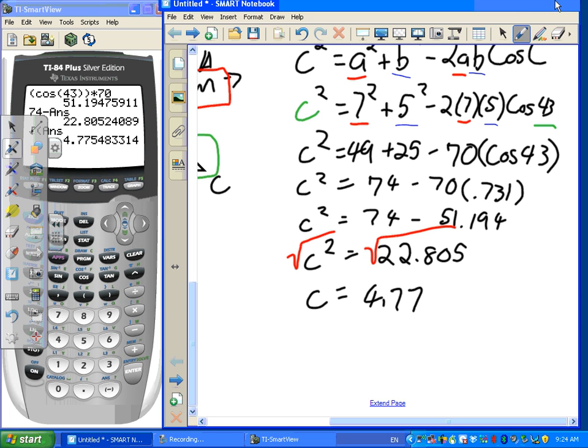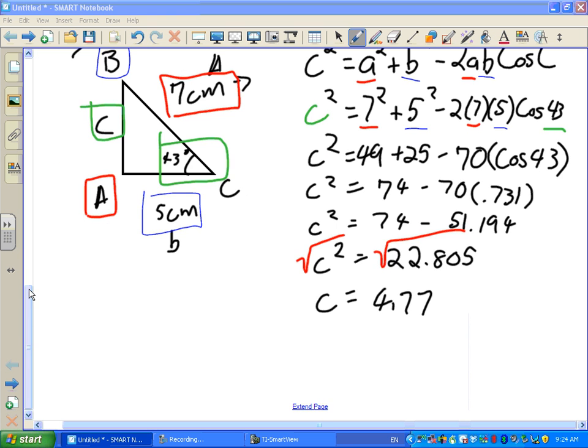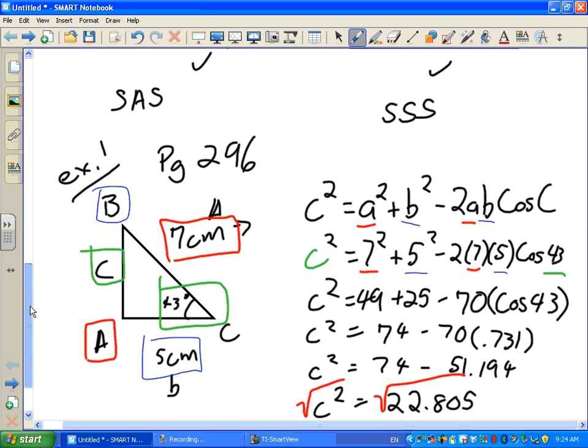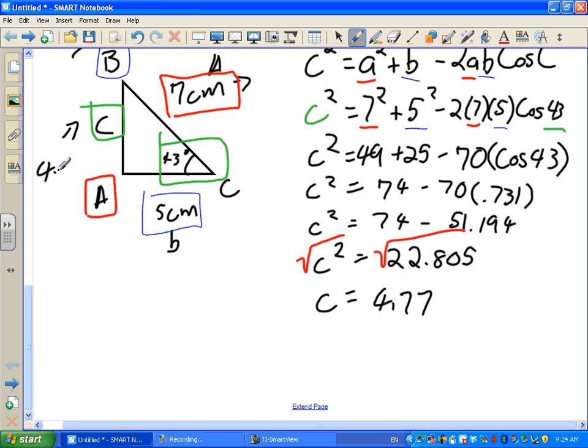So in the end, our side C was 4.77 centimeters long. Do you guys have any questions about that?